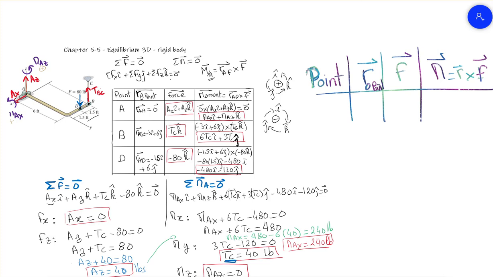Usually the point you use to do your moment is one where there's a force, and most of the time the best is to use the point where there are the most unknowns.